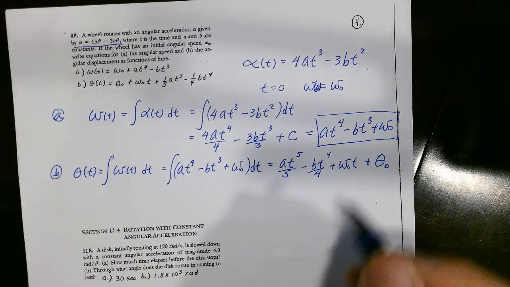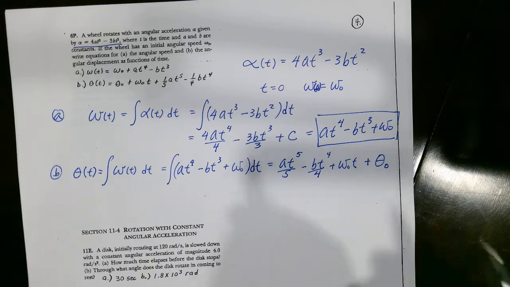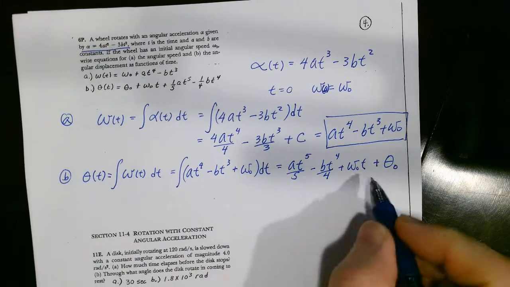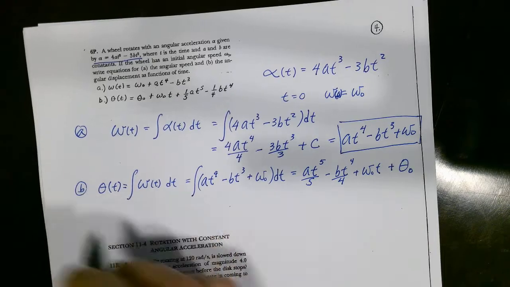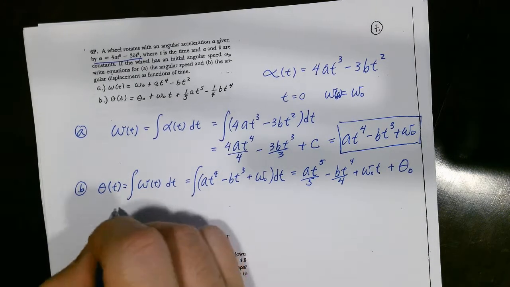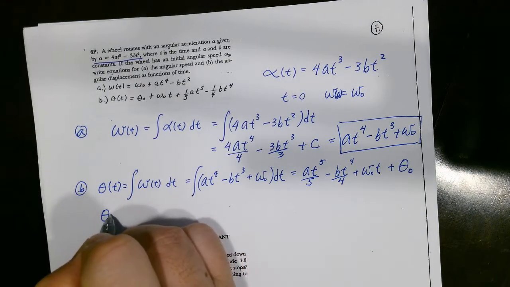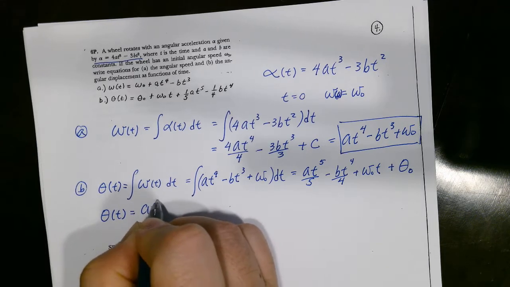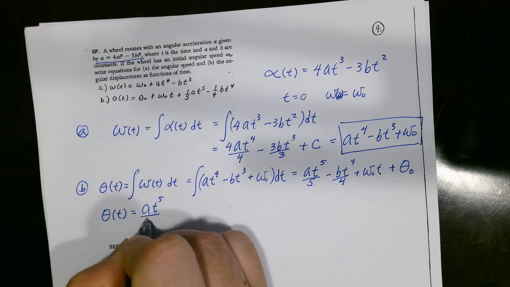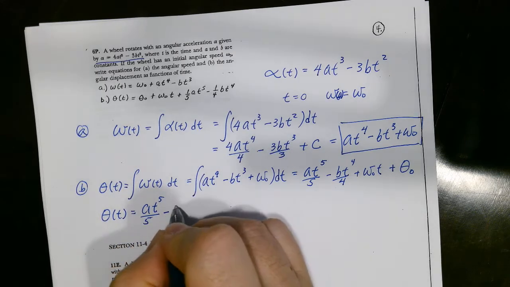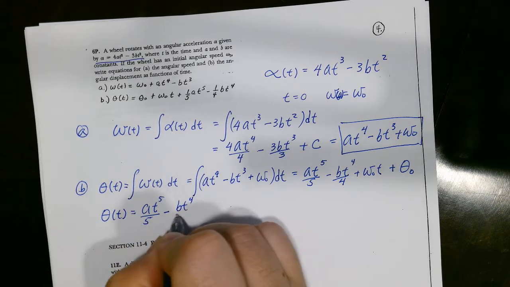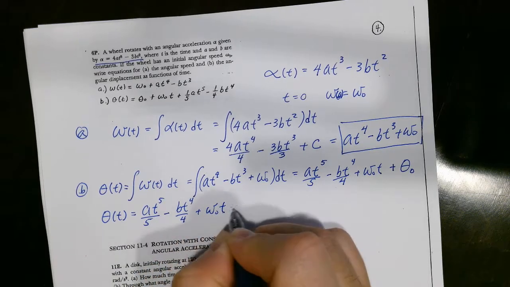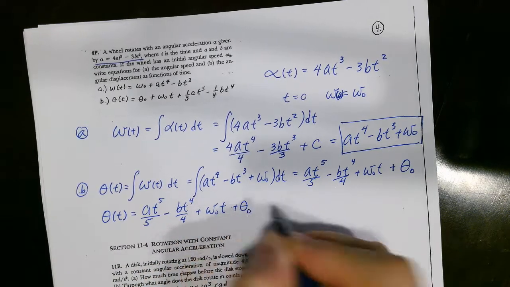Therefore, this right here itself is the function of theta of t, right? So theta of t is equal to a t to the fifth over 5 minus b t to the fourth over 4 plus omega naught t plus theta naught.